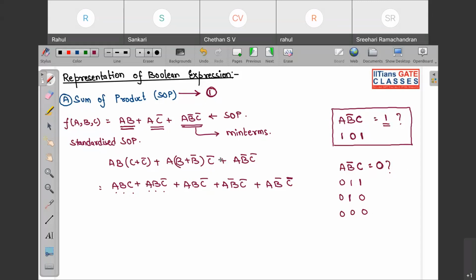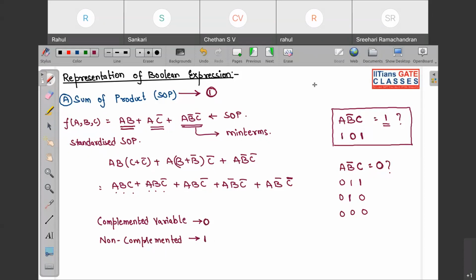This is very important. And one more concept: in your SOP, complemented variables correspond to 0 and non-complemented variables correspond to 1.